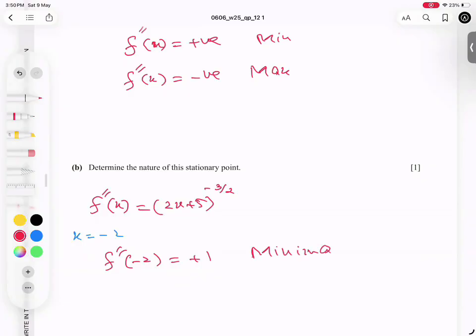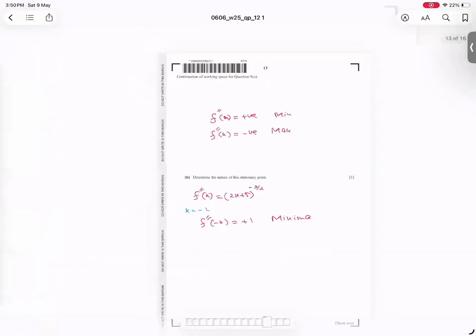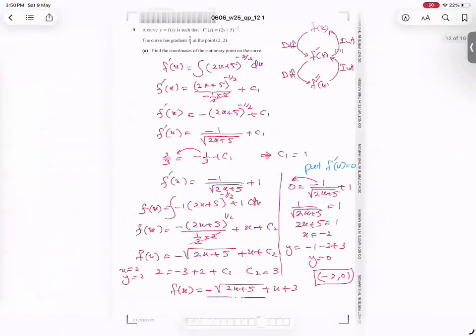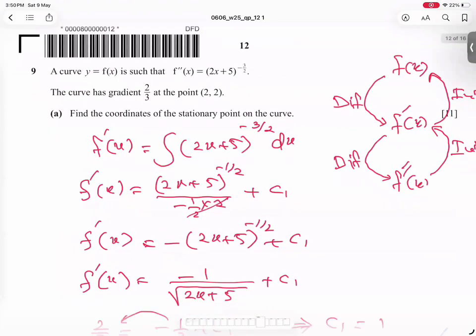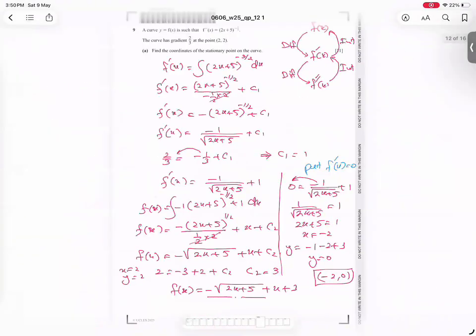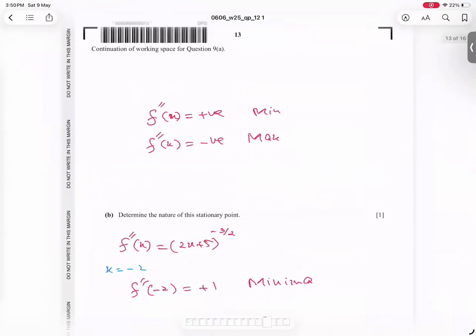I hope the point is very clear, and we have done this value. I think the stationary point is set. So I think the question is completely clear now, and all parts are clear.